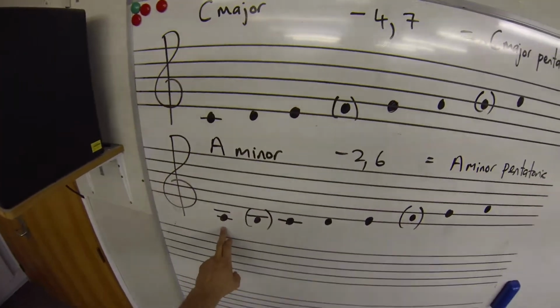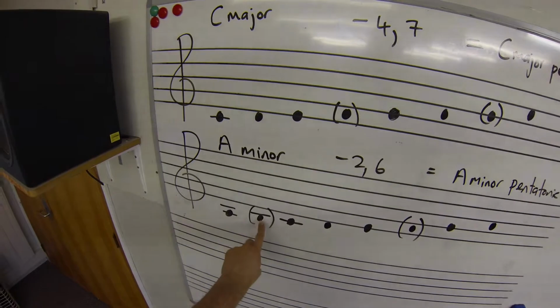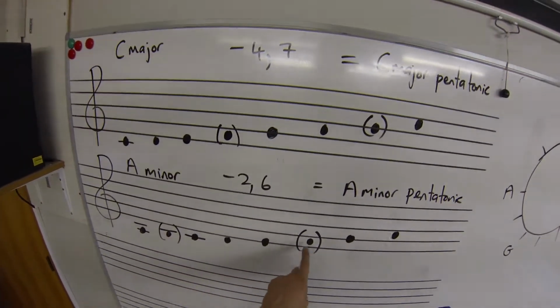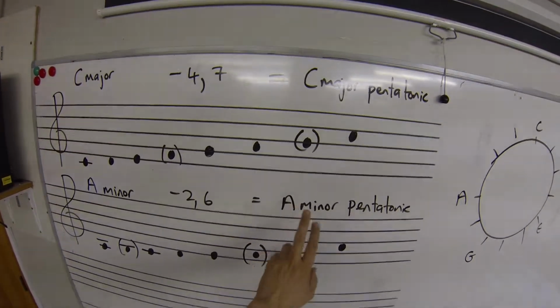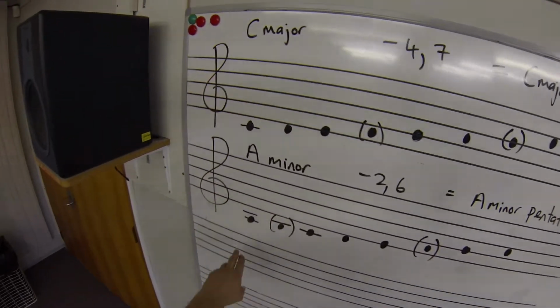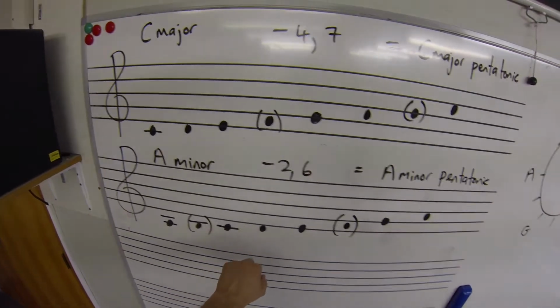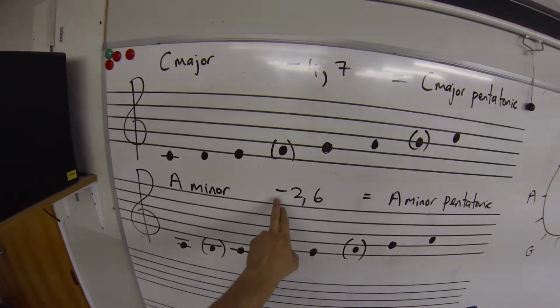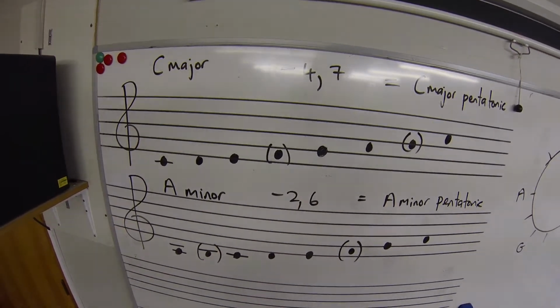So we've got A, note 1, we don't do note 2, but we do note 3, 4, 5, don't do note 6, but do 7 and 8. So we get 1, 3, 4, 5, 7, 8. And you can see I've missed out note 2 and note 6.